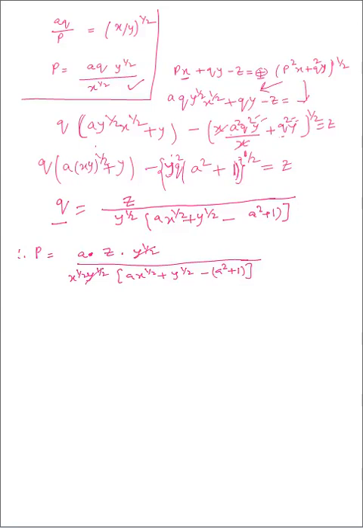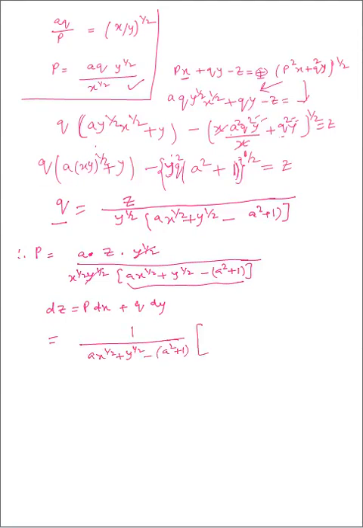So we put these values of p and q in dz, which is p dx plus q dy. Because terms are common in the denominator, we take this term, a x to the power half plus y to the power half minus a square plus 1.